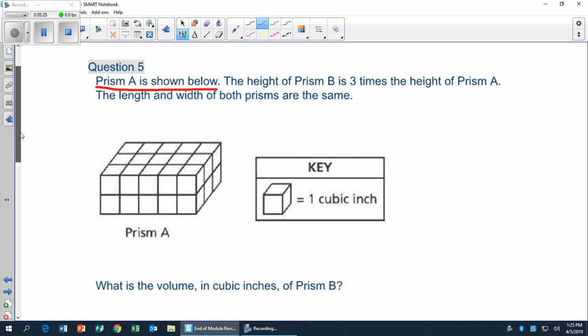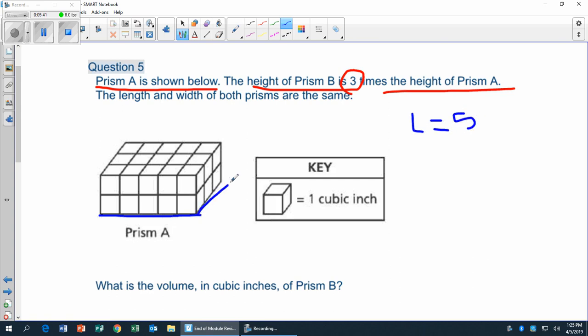So here's prism A. The height of prism B is 3 times the height of prism A. So let's go back and look at prism A. We have a length right here, and the length is 5, and the width is 3, and the height is 2.